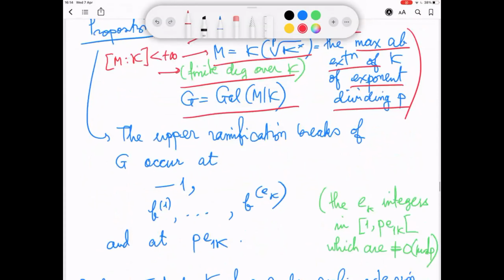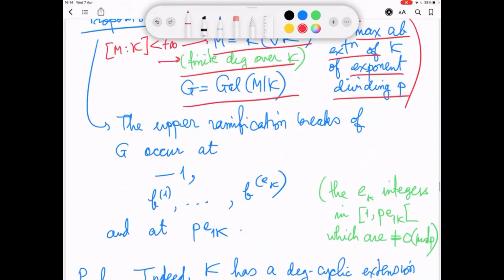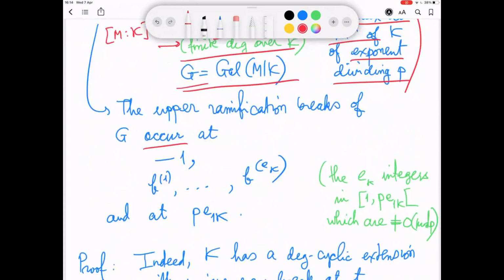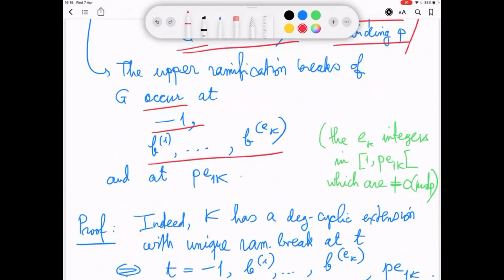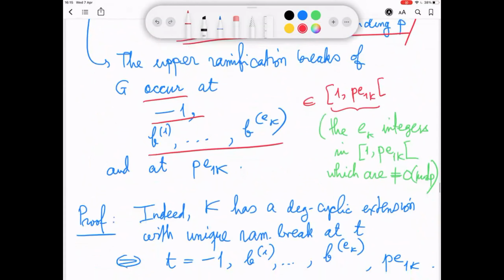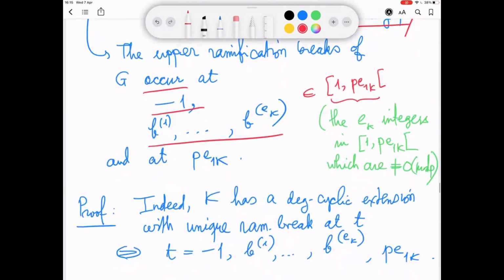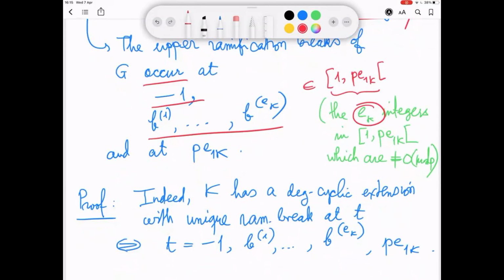And the proposition says that the upper ramification breaks of G, of this Galois group here, occur at -1, that's one thing. And at all these integers between 1 and pe_1/(p-1), these are the integers in this interval which are prime to p, and there are e_1 of them, e_K of them.